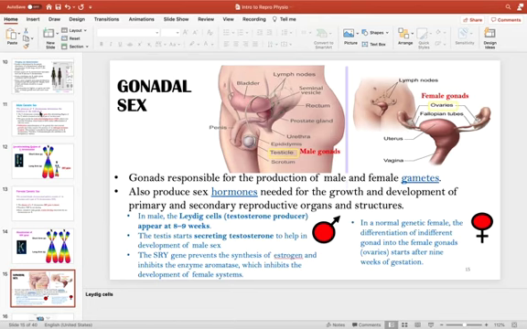The testis starts secreting testosterone to help in development of male sex, and the SRY gene prevents the synthesis of estrogen and inhibits the enzyme aromatase, which inhibits the development of the female system. And in a normal genetic female, the differentiation of the indifferent gonad into a female gonad starts after 9 weeks of gestation.